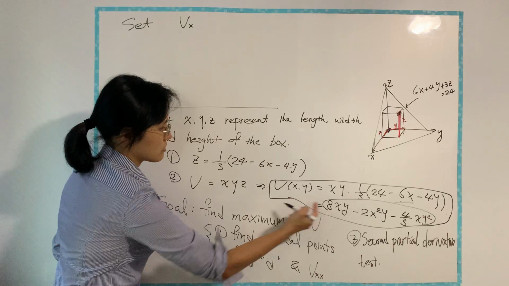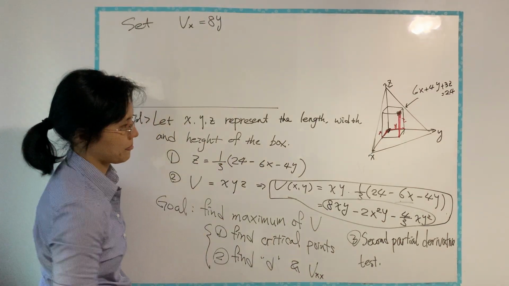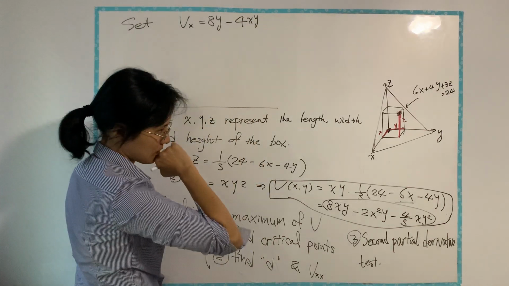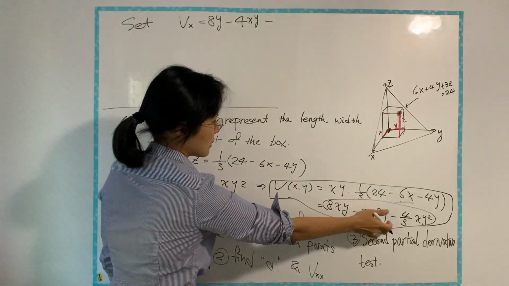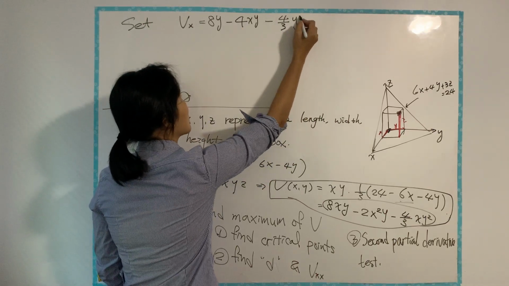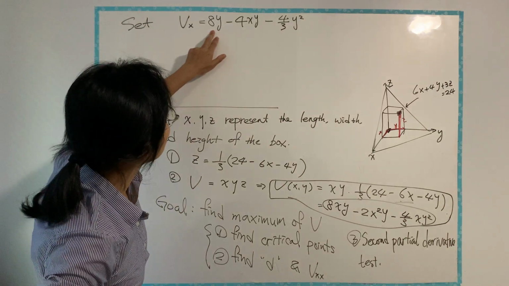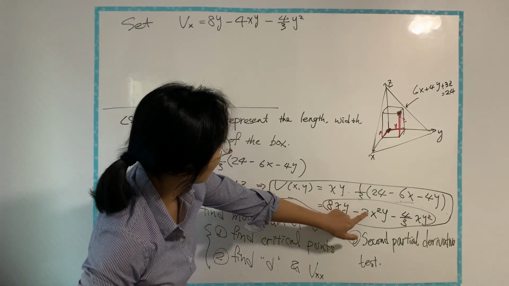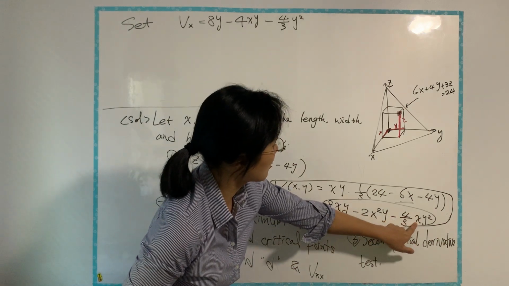Differentiating this with respect to x, I get 8y minus 4xy minus 4/3 y squared. Okay, double check. Differentiating with respect to x, this becomes 1, this becomes 2x, and this becomes 1.